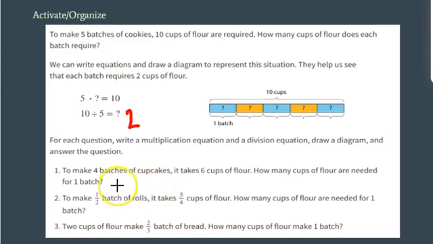So here it's going to be 4 batches times something is going to give us 6. What about division-wise? Yeah, we know we need 6 cups of flour in 4 batches. So how much is one of those batches?